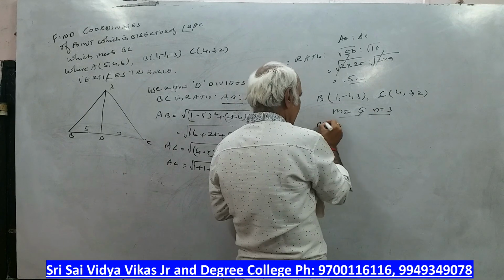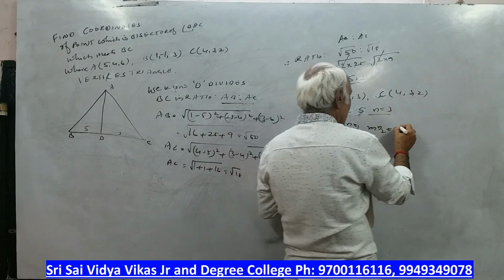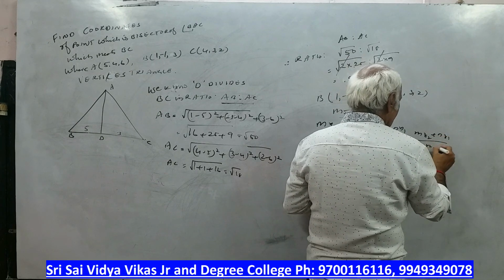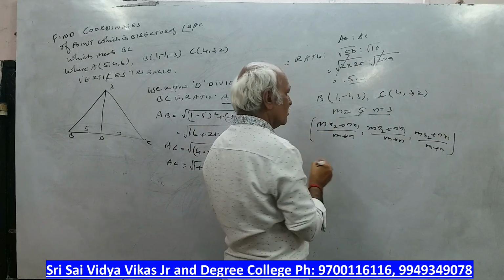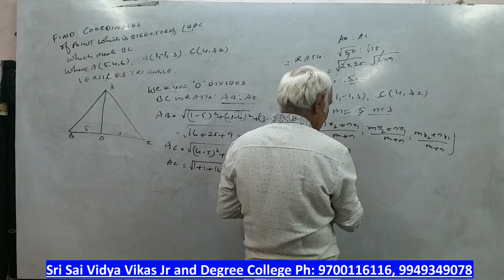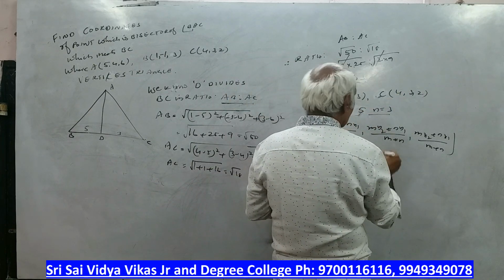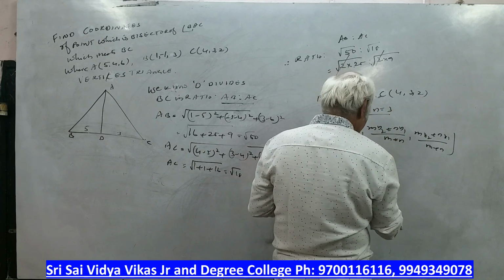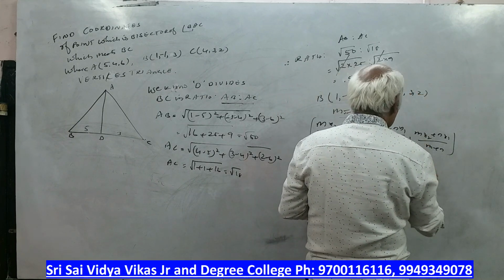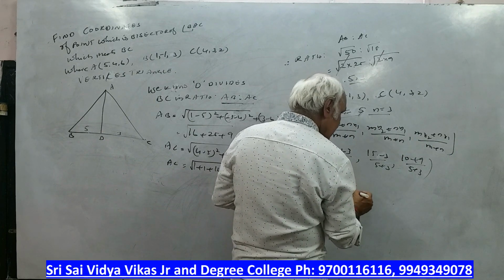Apply the formula: (mx2 plus nx1) by (m plus n), (my2 plus ny1) by (m plus n), (mz2 plus nz1) by (m plus n). 5 into 4 is 20 plus 3 into 1, by 5 plus 3. Next, 5 into 3 is 15, 3 into minus 1 is minus 3, by 5 plus 3. Last, 5 into 2 is 10 plus 9, by 5 plus 3. So this becomes 23 by 8, 12 by 8, 19 by 8.